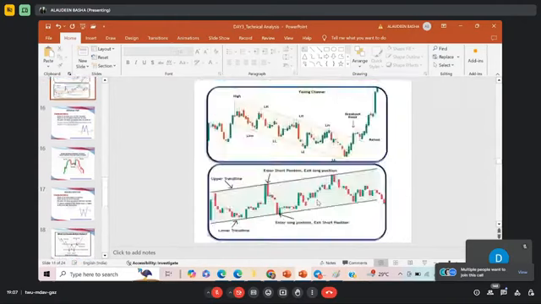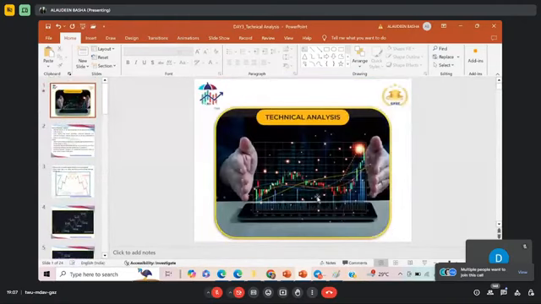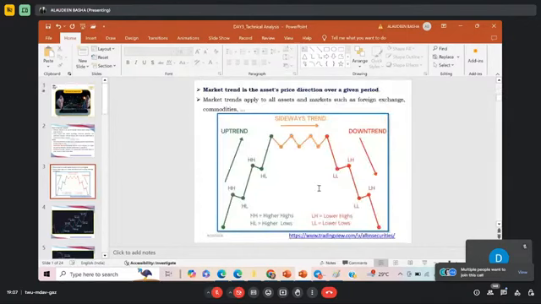Let's recall yesterday's topic because it's a very important one. First, we find out the trend of the market, whether it's uptrend, downtrend, or sideways. Generally, the market has three trends: uptrend, sideways, and downtrend. When the market goes from bottom to top without breaking the previous low, it is called an uptrend, that is higher high, and higher high. Similarly, when it goes down with lower low, lower low, it is called a downtrend.